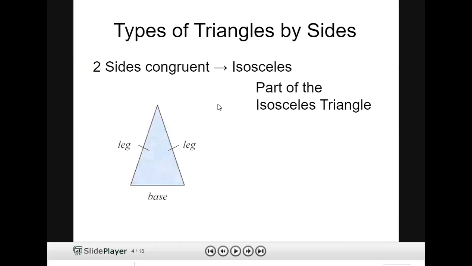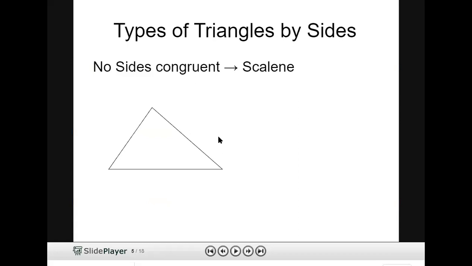The second type, according to the length of its sides, is called the isosceles triangle. In an isosceles triangle, the two legs are equal and the base is different. So we have two sides congruent.